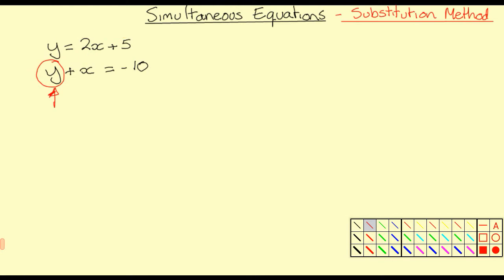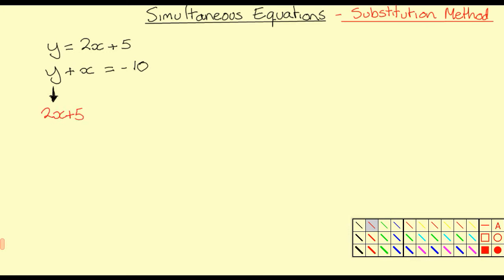So I'm going to rewrite the second one, I should say. So this one now here, in place of y, I'm going to put my 2x plus 5. I had the plus x anyway, equals minus 10.